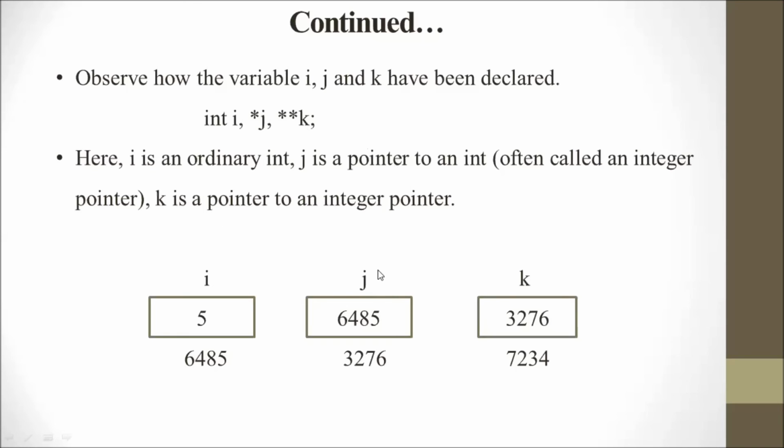We understand this by the diagram. i stores the actual value 5, and the address of i is 6485. We assign the address of i to j, so j contains 6485, the address of i.